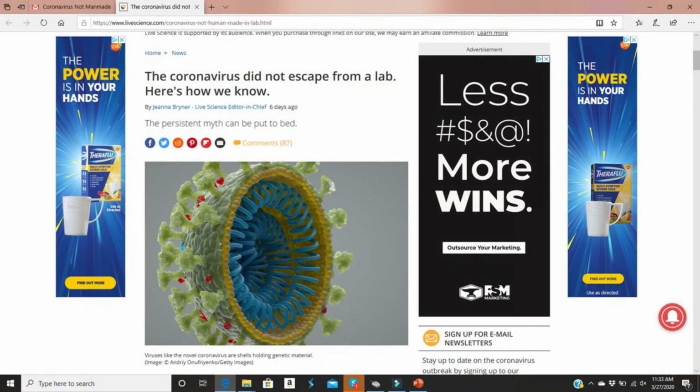So scientists can predict the structures of proteins and what proteins will be made from a given DNA sequence, and that was actually discussed in the article regarding whether or not the coronavirus was man-made or whether or not it was a freak of nature.